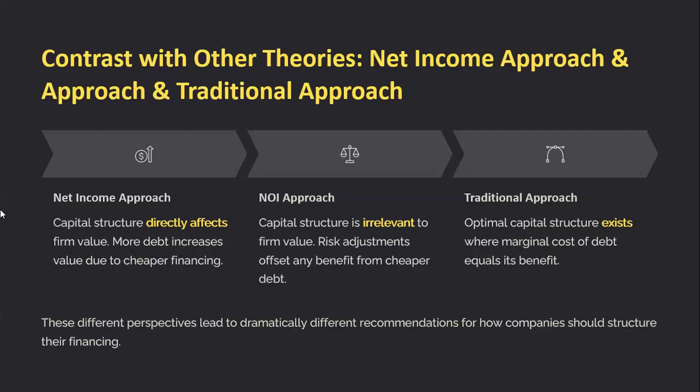So if I consider the three approaches, what I can find is that in net operating income approach, capital structure is not important, but offsetting and cheaper capital is most important. Whereas in net income, it says capital structure is important and more debt is beneficial for cheaper financing. But here in net operating income, operational efficiency is important.